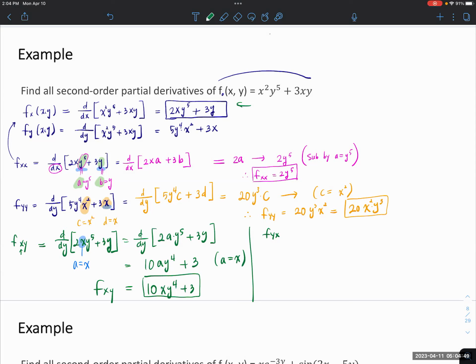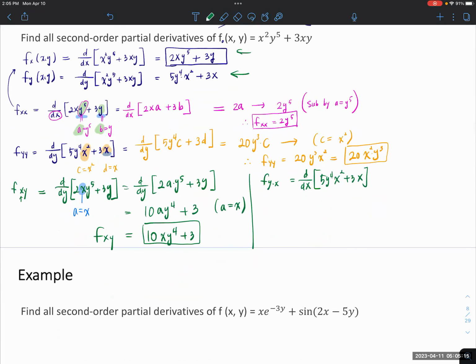I told you yx is going to give you the same answer. Let's double check. In this example, we already have fy, and you take a second differentiation with respect to x. First we have fy, 5y to the 4, x to the 2nd plus 3x. Now you are taking d over dx. Are you following? So that's f yx. Which one is going to be c or whatever, a? You can decide.